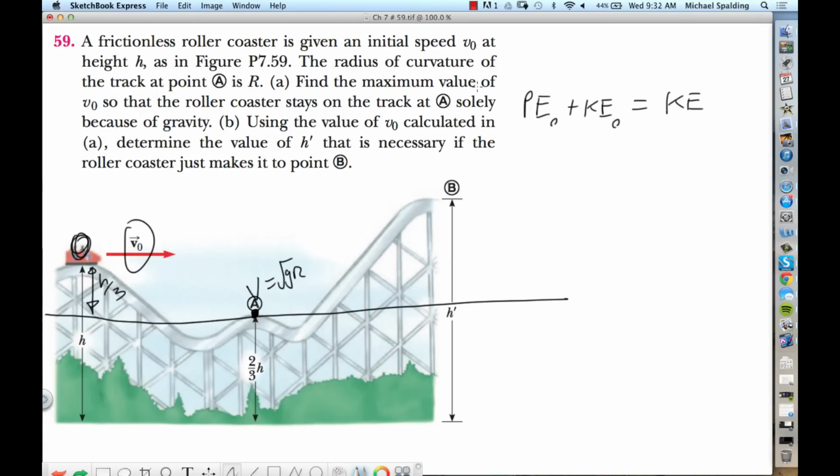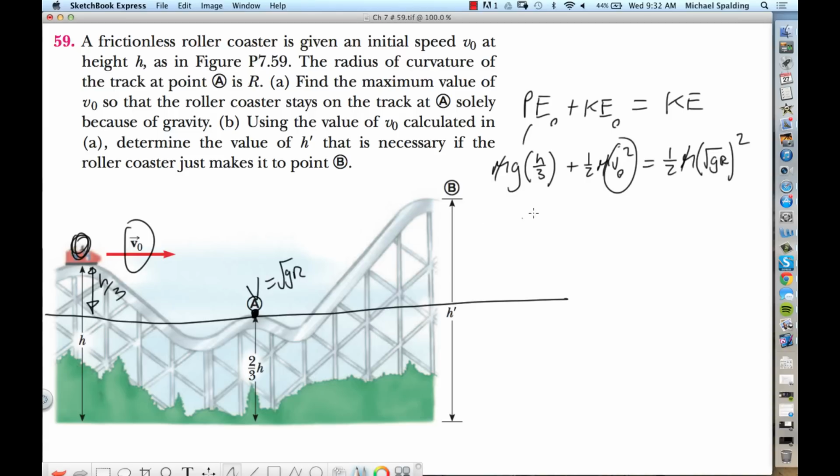Okay, so now let's plug in. This is mg h over 3 plus 1/2 m v initial squared equals 1/2 m, what's the velocity over here? Square root gr, squared. So all the m's cancel. We're looking for v initial.